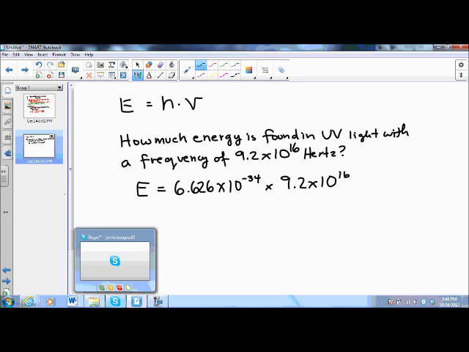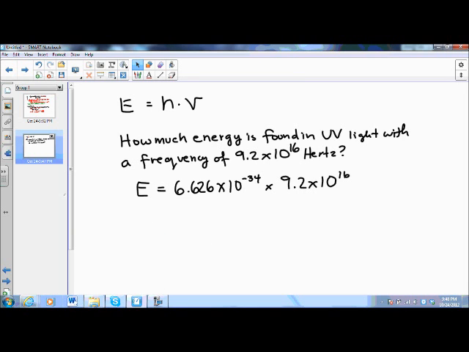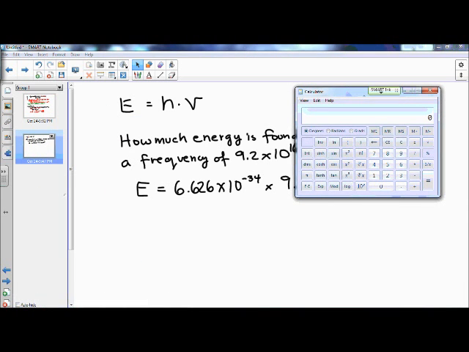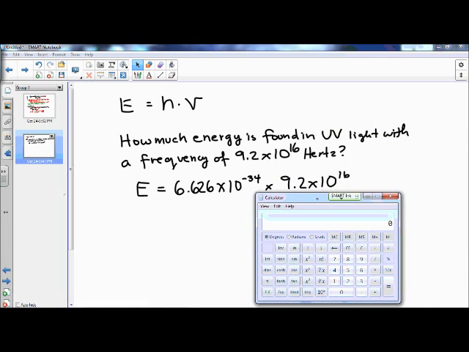Now I'm going to pull up my calculator here, and we're going to run that particular calculation. Don't forget you're going to use the exponent button just like we've been working on.